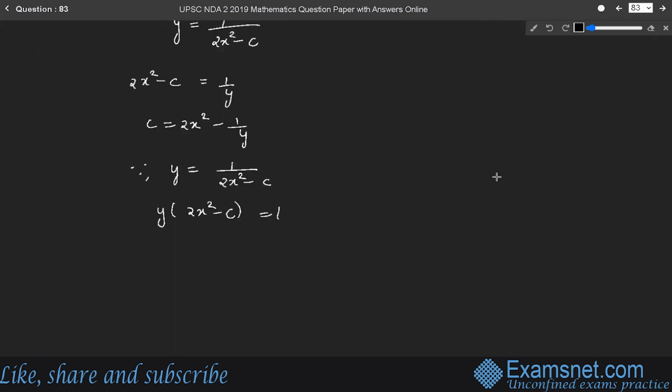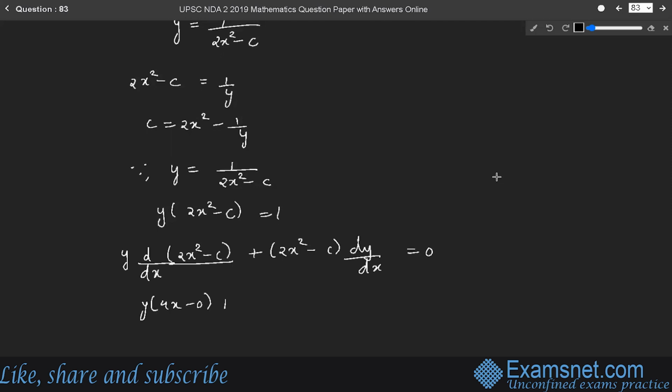Now differentiating it both sides with respect to x, we get y into d by dx of 2x square minus c plus 2x square minus c dy by dx is equal to 0. So y into 4x minus 0 plus 2x square minus c dy by dx is equal to 0.